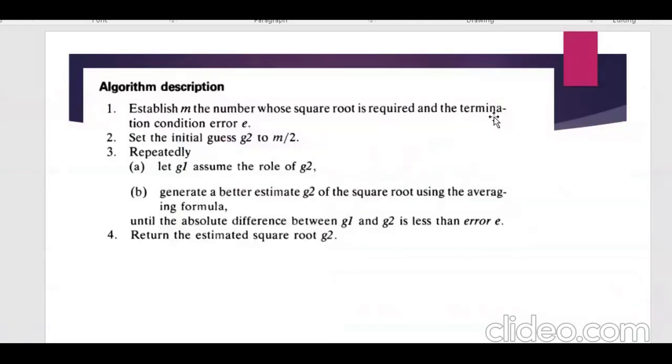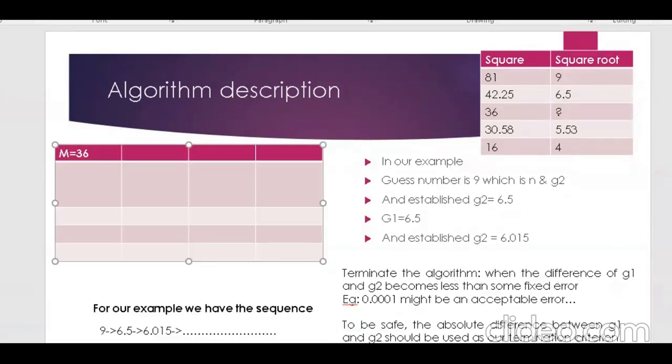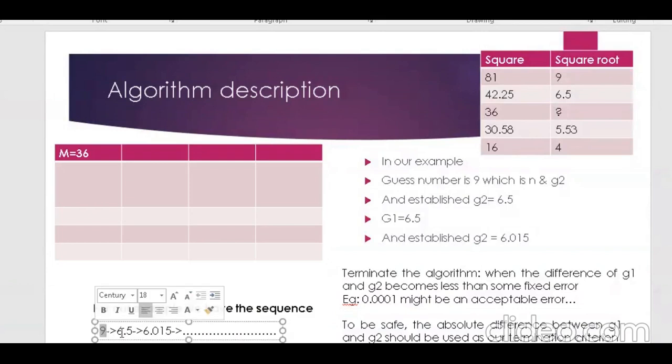Now, there's something called termination error that you have to fix for this algorithm to somewhere terminate. Now, the termination of the algorithm is calculated based on the difference between these two values. You got 9, and then you got 6.5, right? And then you got 6.015.